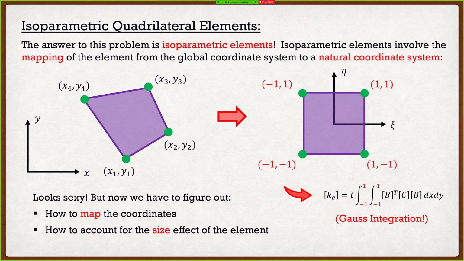So if I'm taking an element that's much bigger and shrinking it in my natural coordinate system, I have to take into account the fact that I'm shrinking it. Or it could be the opposite way, where let's say that my element in the global coordinate system is very, very tiny, and then in the natural coordinate system, I expand it to be that -1 to 1 scenario. So we have to account for both of those things.